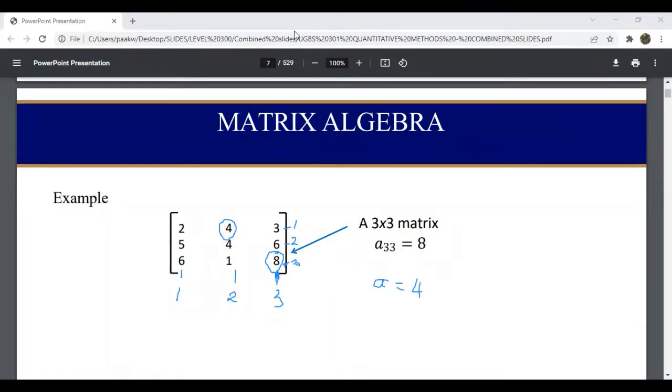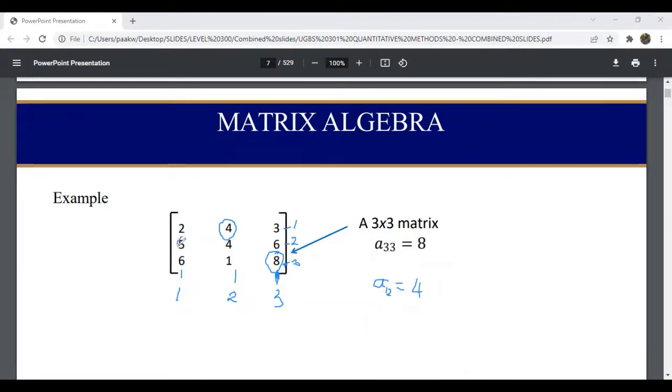He said 821. Okay, you are right, but we consider the row first. So the row is the first one, so A1 and the column is 2. You are right, but interchange it. Always consider the number of rows before you consider the number of columns.